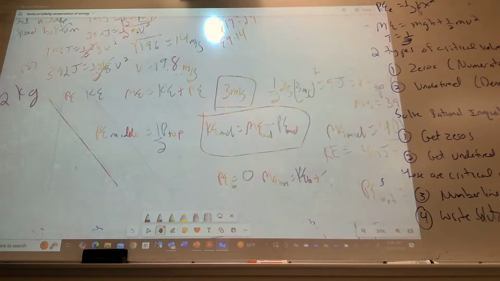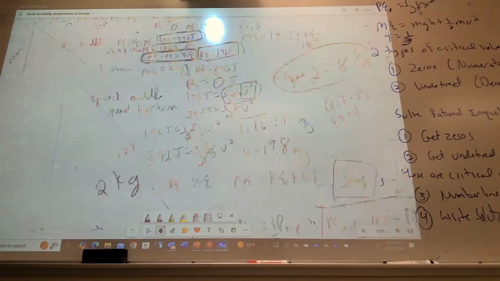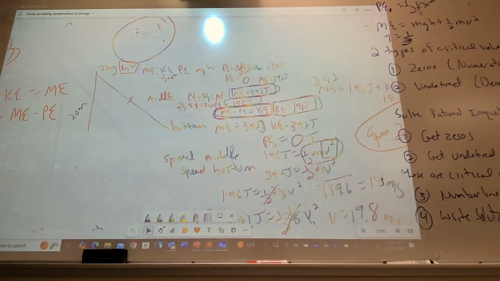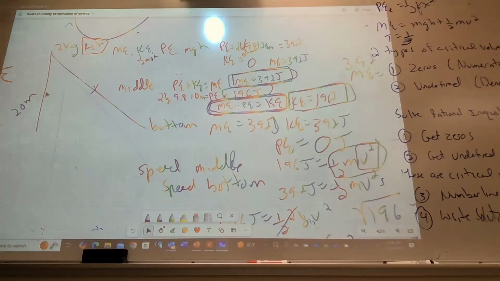So we're going to repeat the same problem that you've done twice now. We started out where we had a 2 kilogram mass. It was 20 meters up. So you should have it in your notes, 20 meters up. And we first did it at rest, and then we pushed it at 3 meters per second.